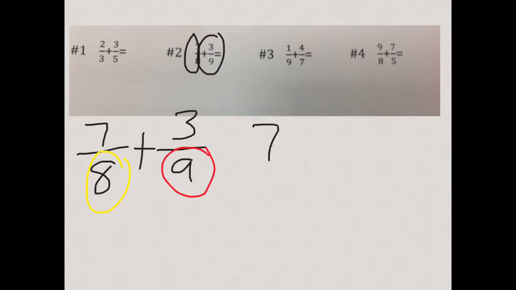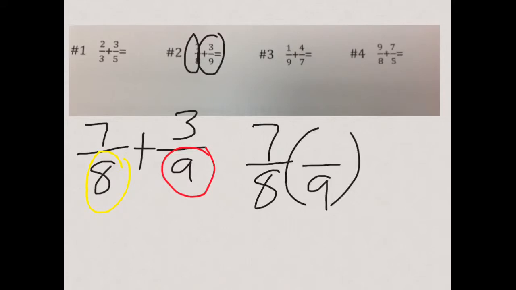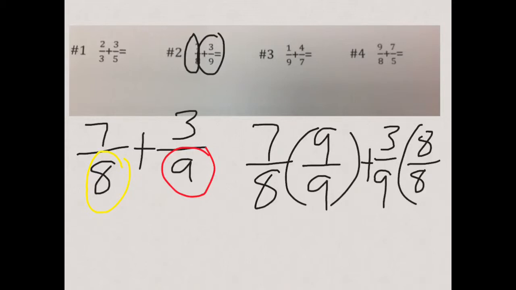So 7/8 times, now my denominator is going to be multiplied times 9 because I want to have the same denominator for both fractions. But I have to multiply my numerator by the same thing, plus 3/9. Now, whoops, get rid of that, sorry about that. 3/9, I have to multiply that times 8, but also I have to make sure it's 8 over 8.